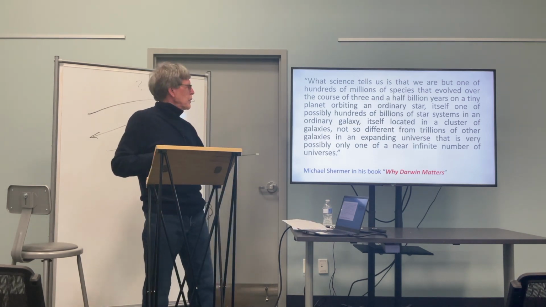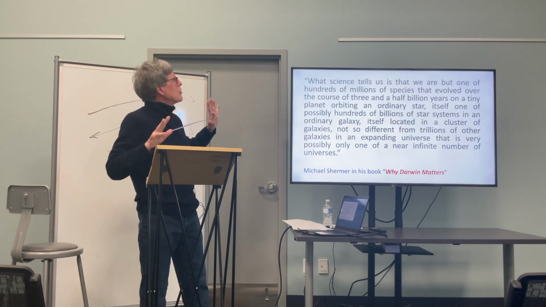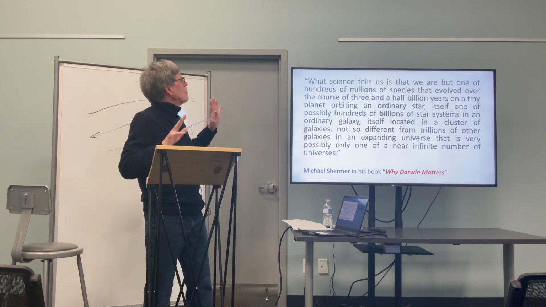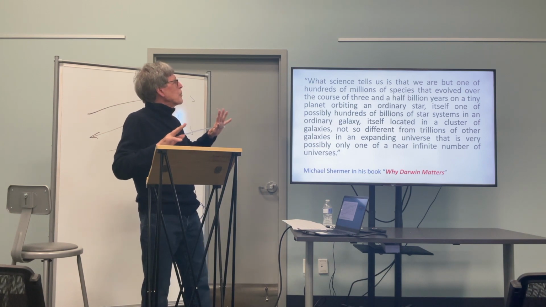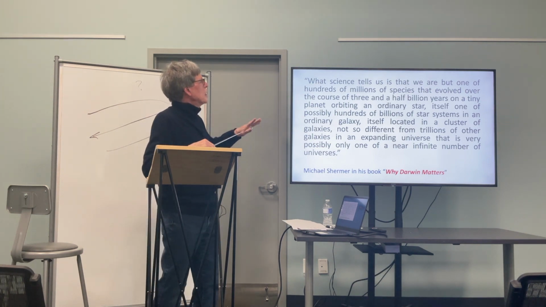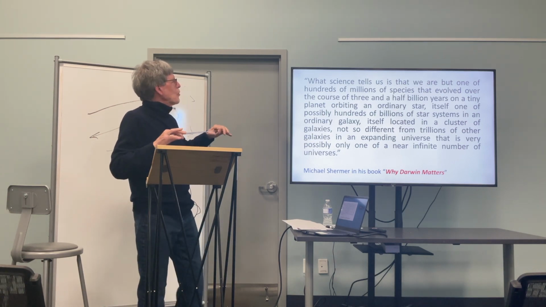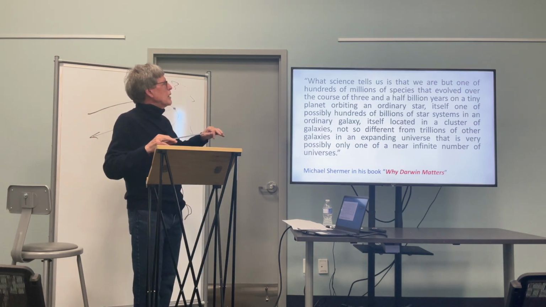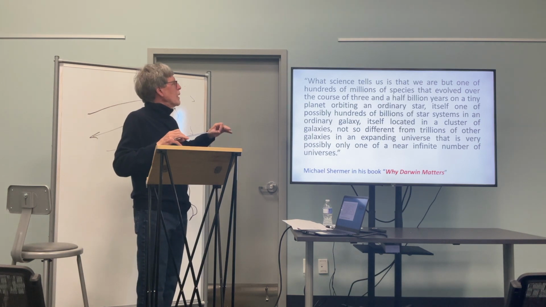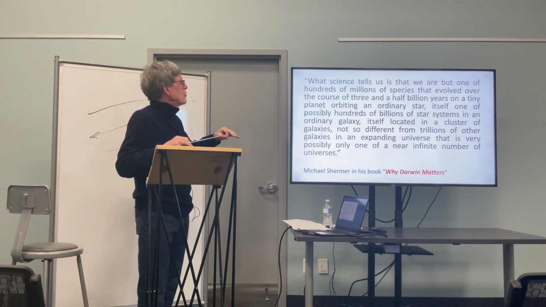So I like this one by Michael Shermer. What science tells us is that we are but one of hundreds of billions of species that evolved over the course of 3.5 billion years, on a tiny planet orbiting an ordinary star, itself one of possibly hundreds of billions of star systems.